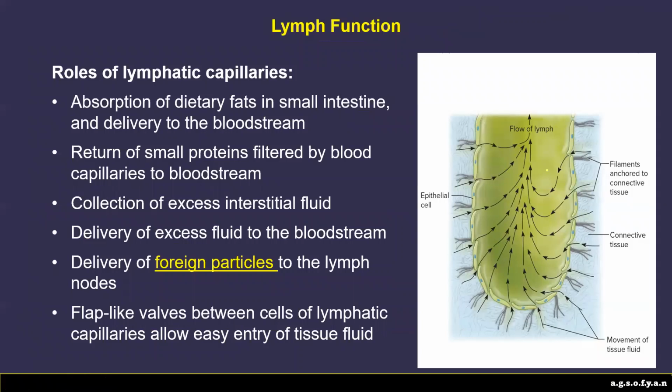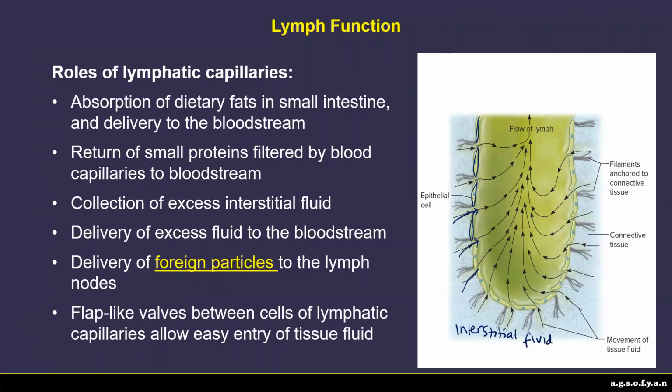Now we're going to look at this lymphatic capillary. As you see over here, this is one layer of epithelial cells that makes it easy for the fluid to enter into the lymphatic capillary. This fluid outside over here is called interstitial fluid.